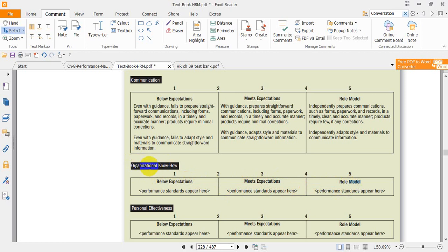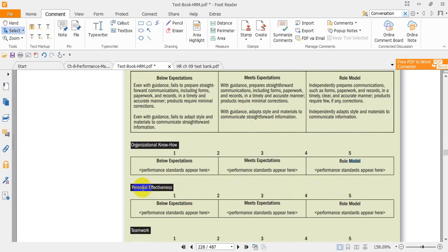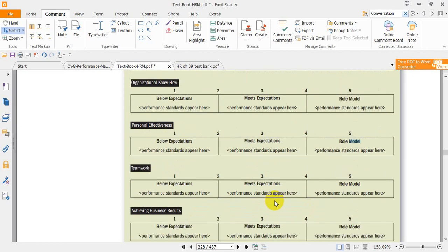And this is the trait. Another trait is personal effectiveness. The employee may be indicated under this category: below expectation, meets expectation, or role model. It's the same as a scale.